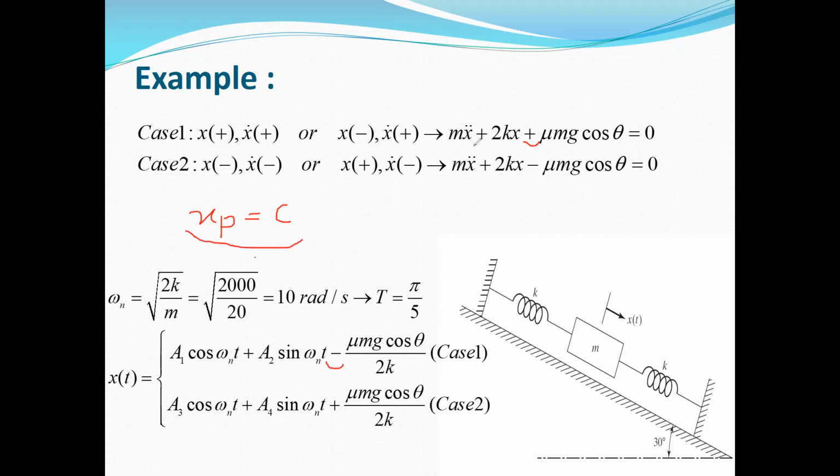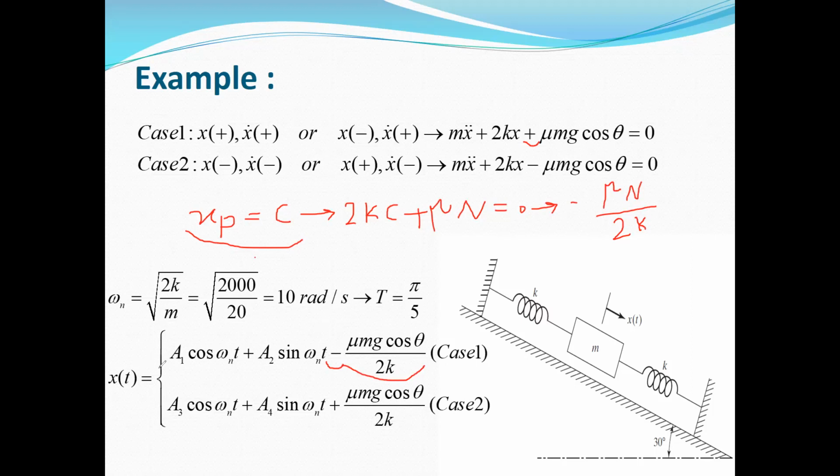When you substitute into the equation of motion, the derivative of xp is 0, so we will have 2k times the constant value c plus mu n, or mg cosine theta, equal to 0. So from here we can conclude that c is equal to minus mu n divided by 2k, and this is the non-homogeneous solution for case 1, equal to mu n, or mg cosine theta, divided by 2k.